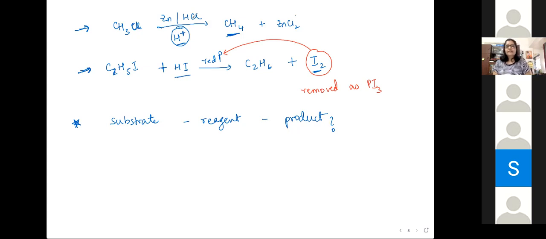And it's not necessary that you'll be given HCl only. Instead of HCl, even if you're given H+, just see the combination of zinc plus H+ and be like, oh, it is a reduction reaction. The hydrogen substitutes the chlorine. So this is a method of preparation for alkane.